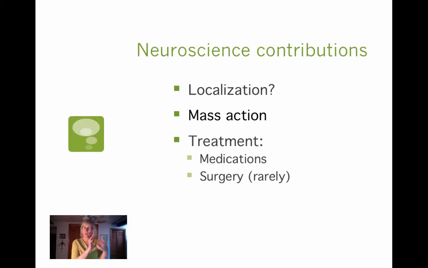Just as multiple genes work together, we also want to be thinking about multiple parts of the brain. Regardless, most of the interventions from a biological model's point of view are focused on medication, sometimes surgery, very rarely, and rarely electroconvulsive therapy, which is also called ECT.